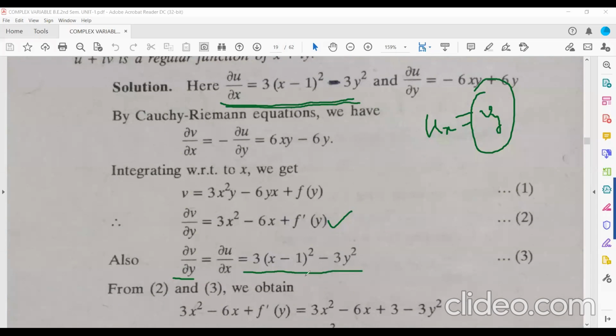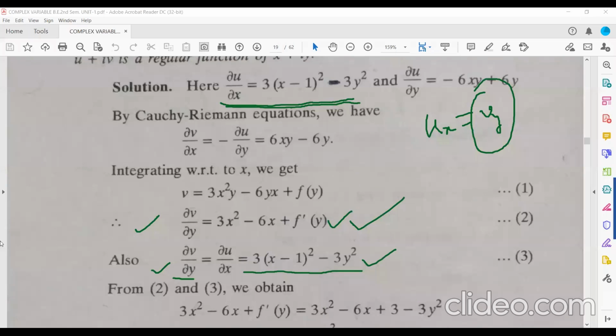Now see here. For one function, you cannot have two different del v by del y. It should be the same. It cannot be different. Here you have got one del v by del y, and here another.